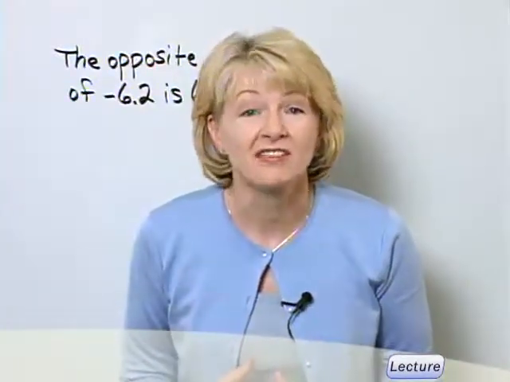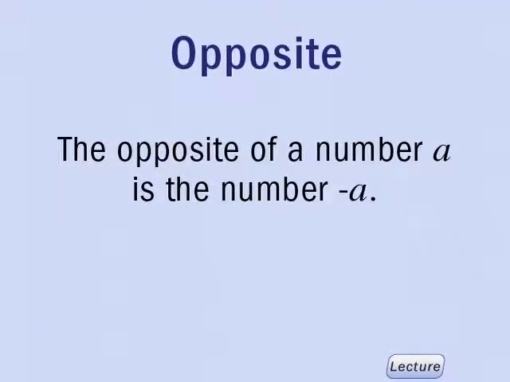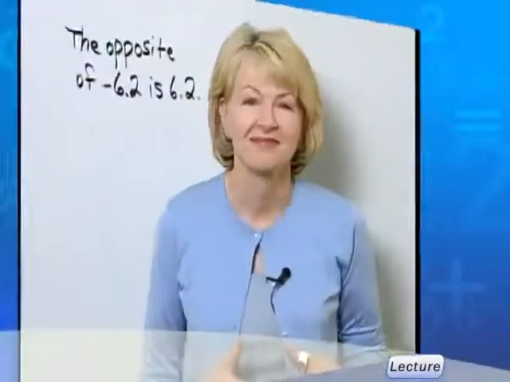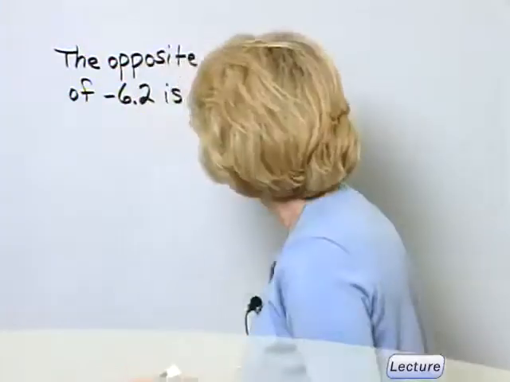We'll do one more example, but let's look at our definition of opposite. The opposite of a number A is the number negative A, or the opposite of A. So let's try that one more time.